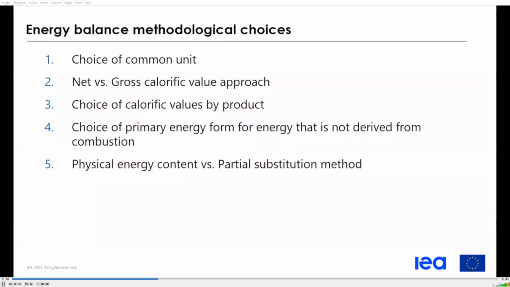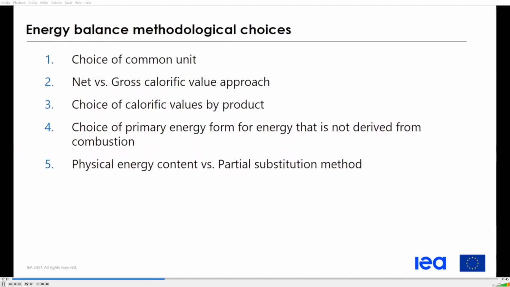Now, let us look in more detail at the principles of an energy balance. The main methodological choices underlying energy balances that can differentiate the final balance layout across organizations are as follows. The IEA energy balance methodology is based on a common unit of account and on the calorific content of the energy commodities.